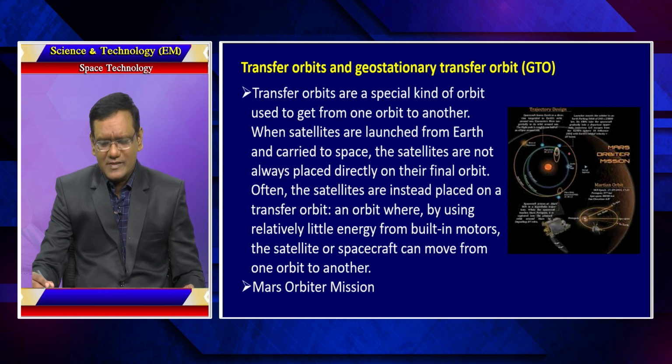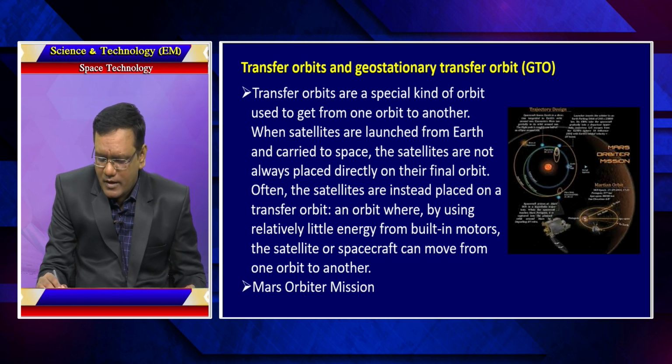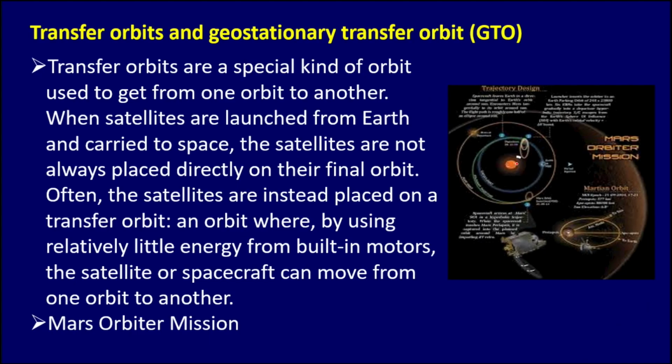Suppose you look at this picture here. If we want to send a satellite to this position, but the Earth is here, what we need to do is send the satellite around this.